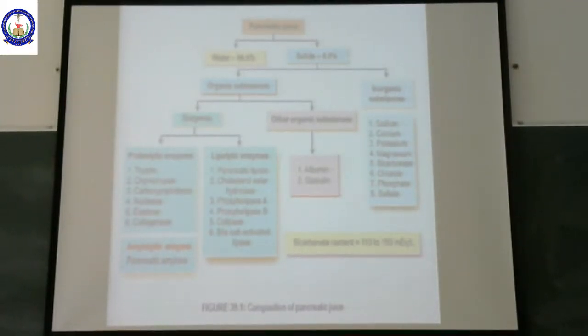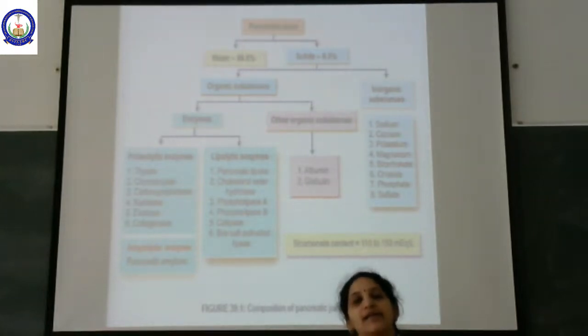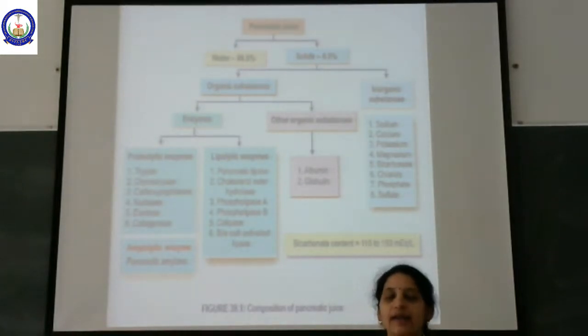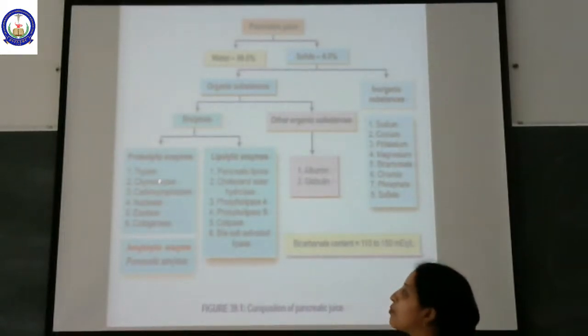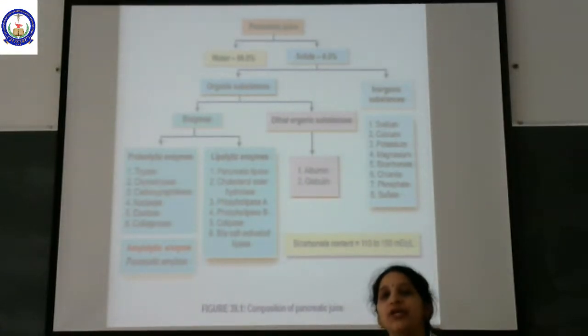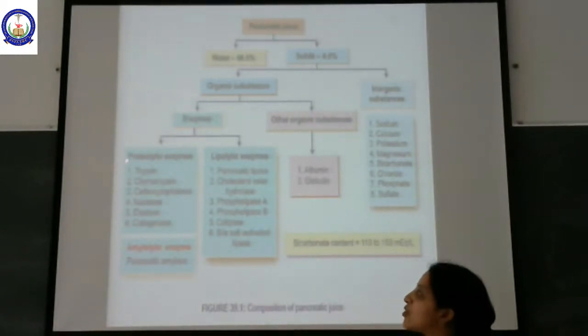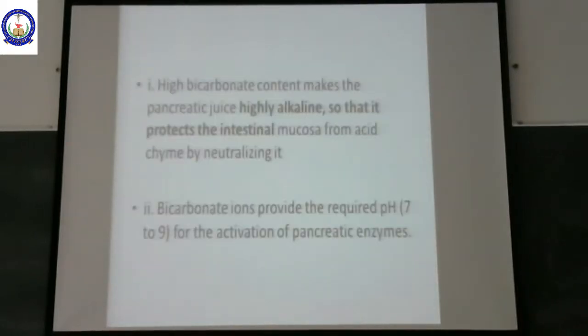If you remember, there are three major compounds present in the food: one is carbohydrate, second is protein, third is lipids. Right? So pancreatic juice has enzymes which break down all three of them. So this is a major secretion which helps in the digestion process. Okay, we'll see each of these enzymes in detail, how each functions.